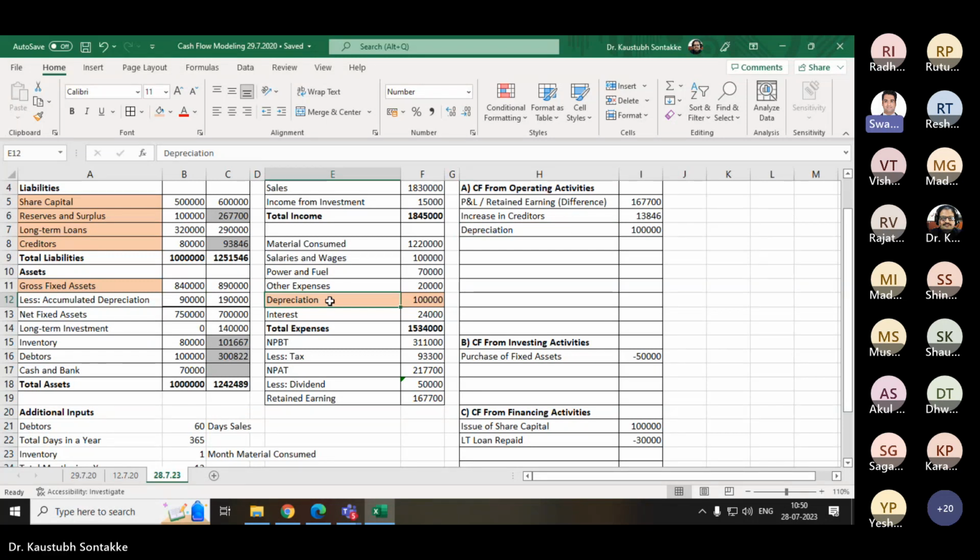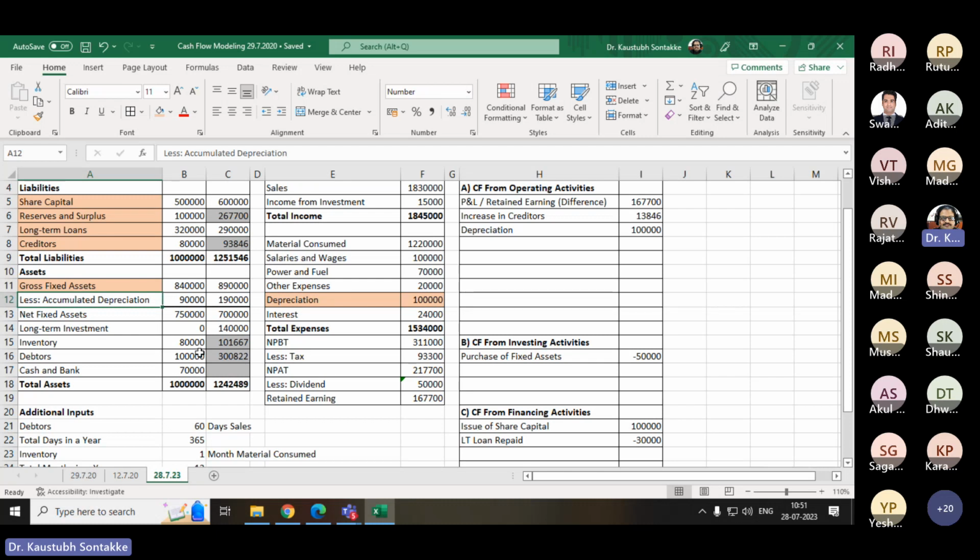So how do you say the difference is the same? I will tell you, you are correct. When you are on the asset side, you take year 1 minus year 2. But you can understand here, accumulated depreciation is minus from the asset side.